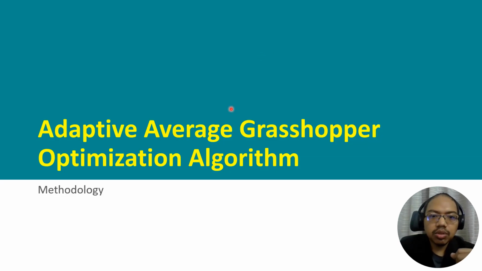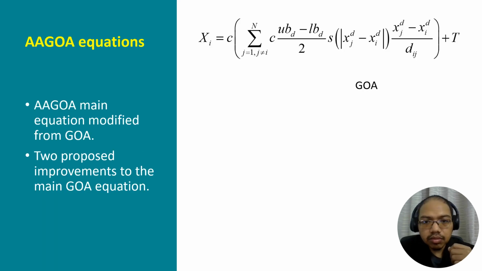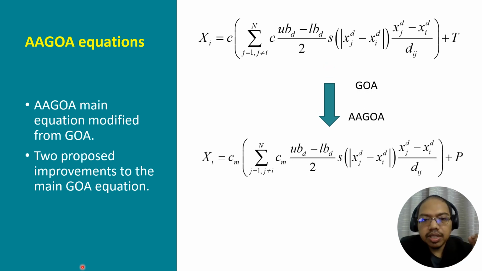So let's move on to the proposed algorithm, which is the adaptive average grasshopper optimization algorithm, or AAGOA. Now for AAGOA, we are looking at the original equation for the GOA. The modification that we have done for AAGOA is that we are proposing a modification in terms of the convergence parameter, and also the target position value.